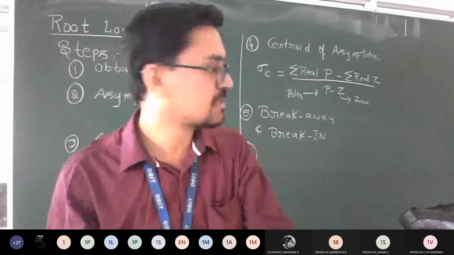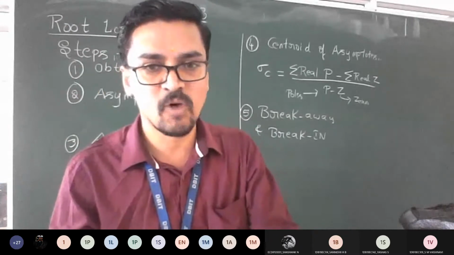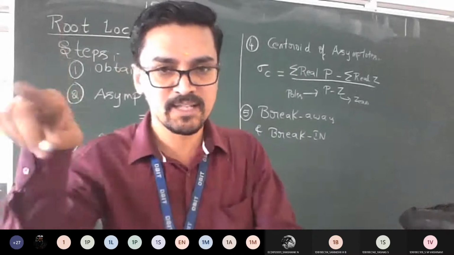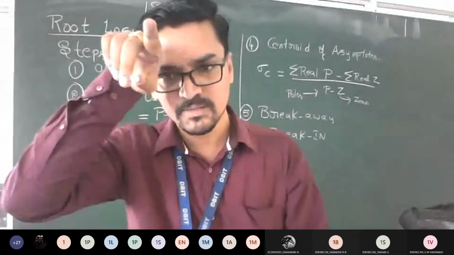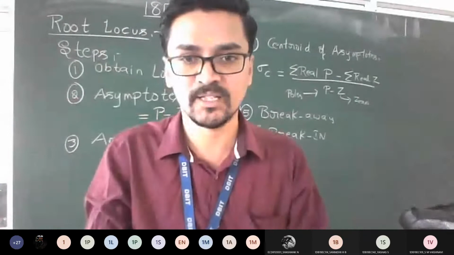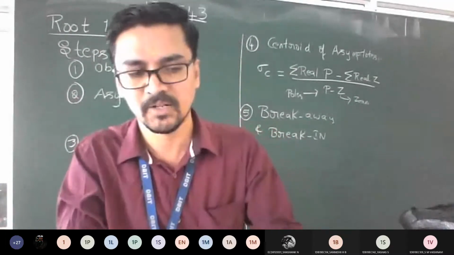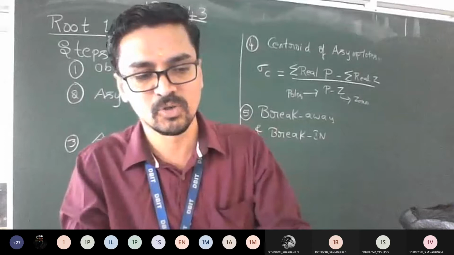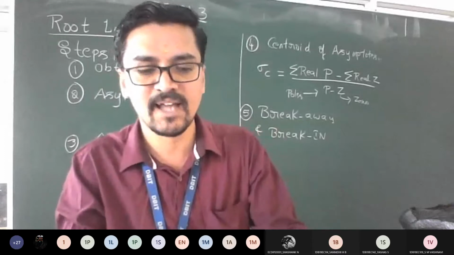So you need to calculate the intersection point, the point at which the root locus meets the imaginary axis. That is what the intersection tells you in the root locus graph. I'll repeat: calculate the intersection point of the root locus with the imaginary axis.